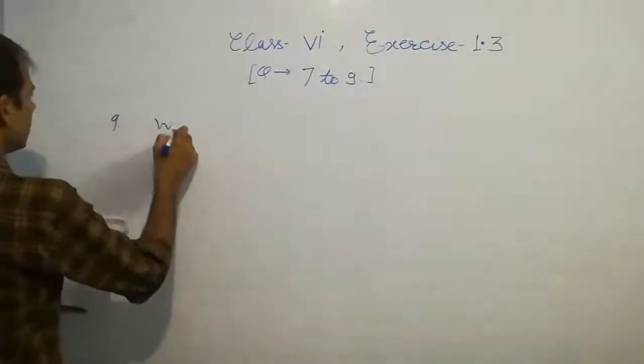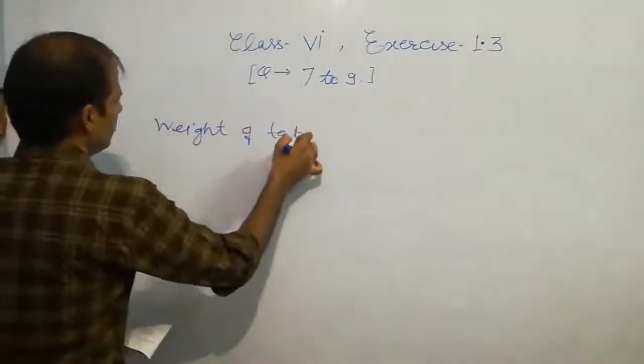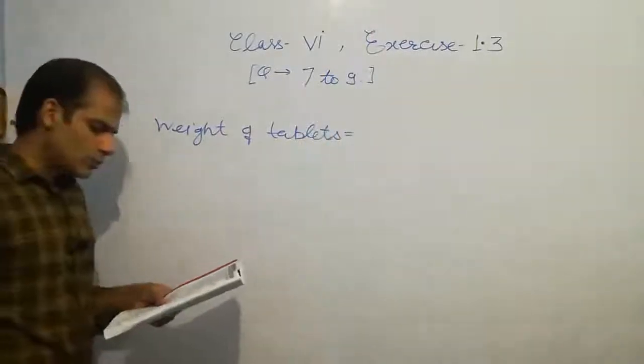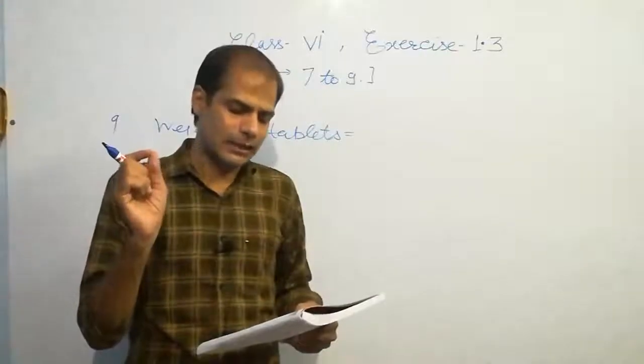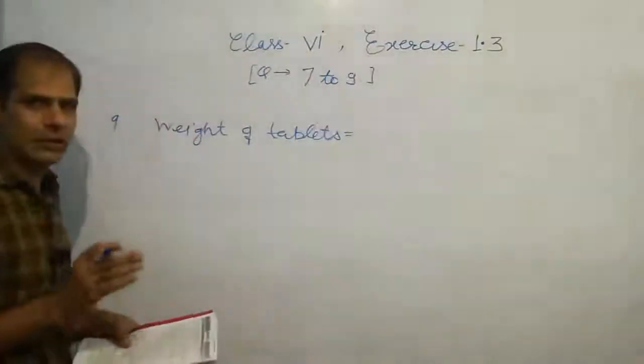Now we write weight of tablets equals, as you can see that the weight of one tablet is 20 milligram and there are total 2,50,000 tablets.